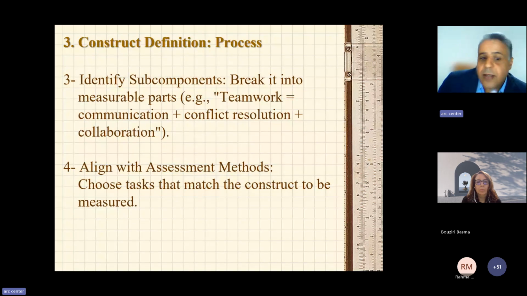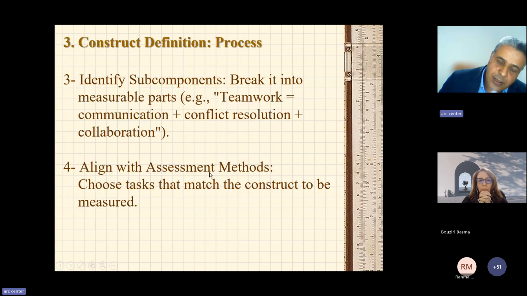Then the last one is aligning assessment with method. For the subject that I'm teaching or that I want to assess, I need to find the method or the test that is adequate to that specific construct.